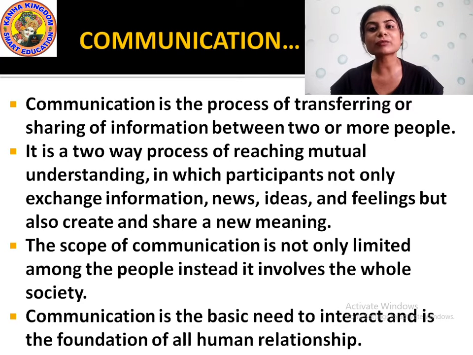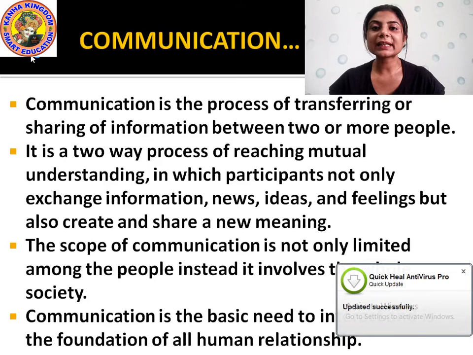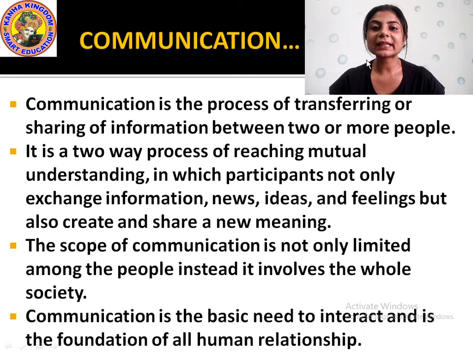Isolation means a place where there is no one, completely alone. We cannot live in a place or in a society where we are alone. We always need people or a society. Okay, that is why it is said that a human is a social animal. They cannot live in isolation without talking, without communicating.